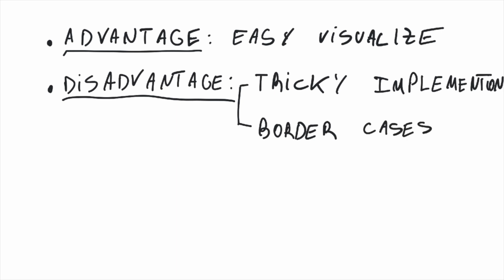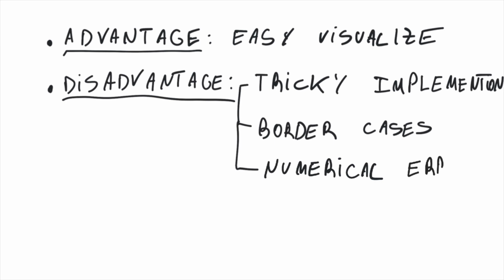For example, you may have points that are aligned, and there's also the possibility of numerical errors. Of course, the representation of points is finite precision, and sometimes you will have to do operations with them which will start losing precision, and this will lead to numerical error.